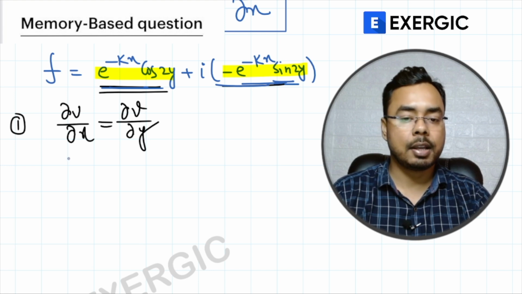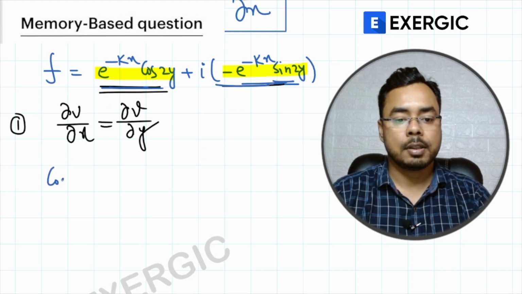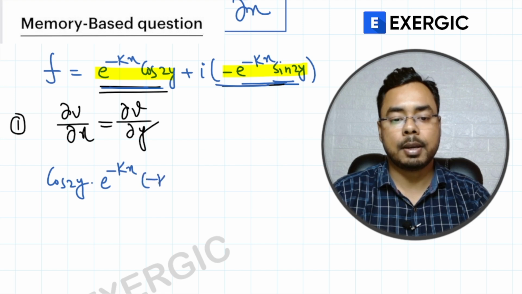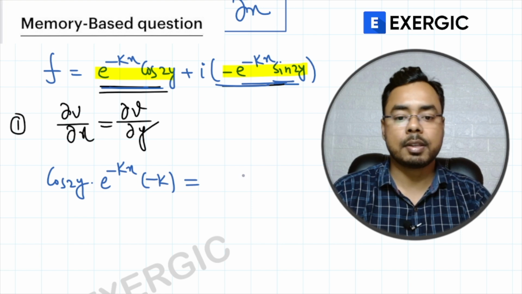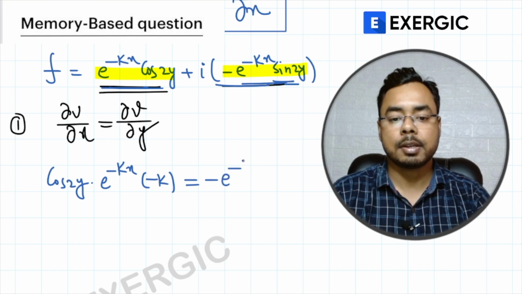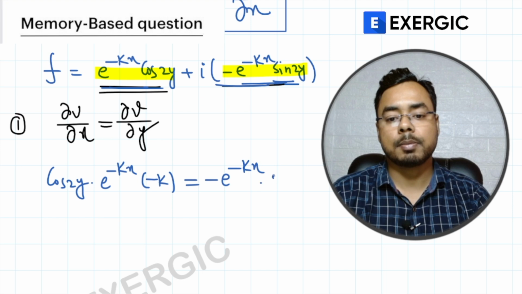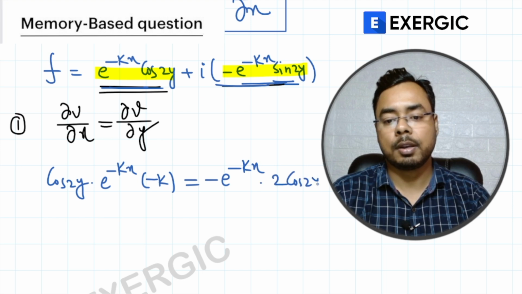So if I differentiate u with respect to x, I can take cos 2y outside because it will be constant, e to the power minus kx multiplied by minus k, and this will be equal to, if I differentiate the imaginary part with respect to y, minus e to the power minus kx multiplied by 2 into cosine 2y, right?